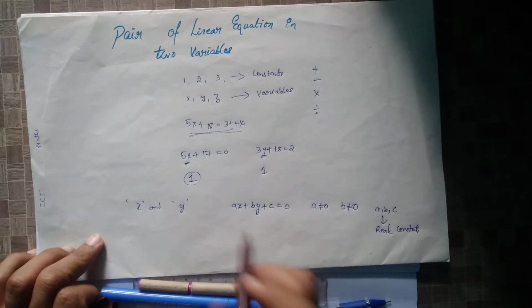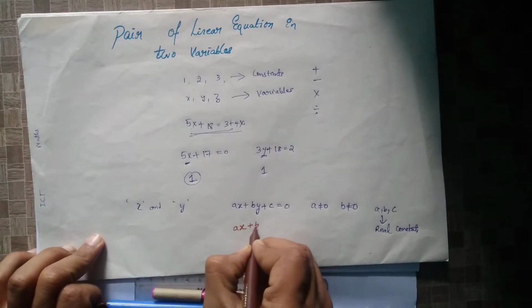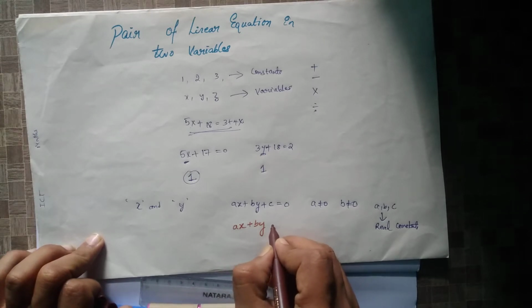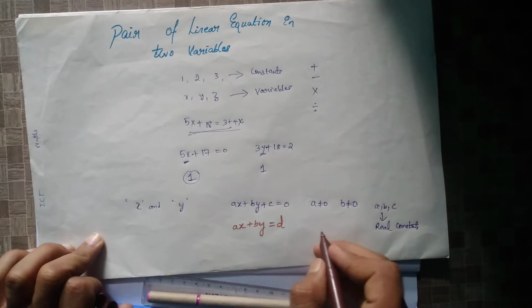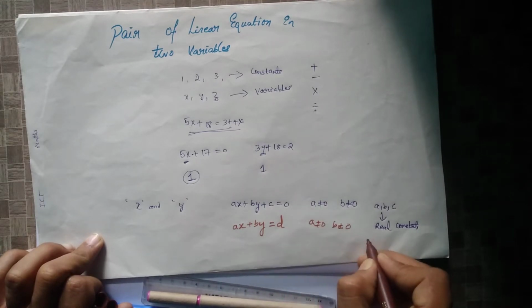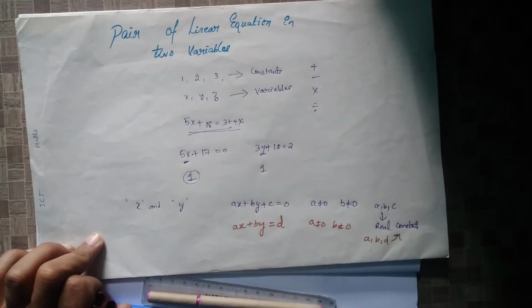Another form is ax plus by is equal to d, where a is not equal to 0, b is not equal to 0, and a, b, d are real constants.